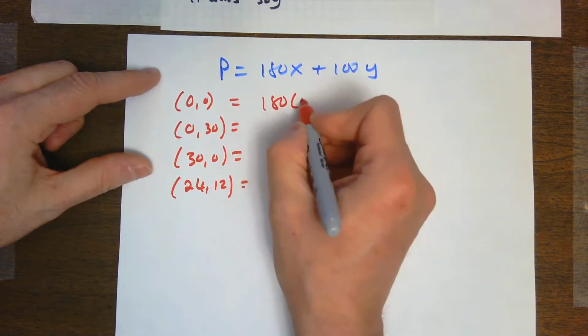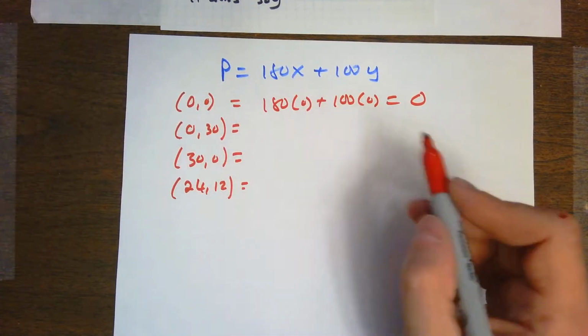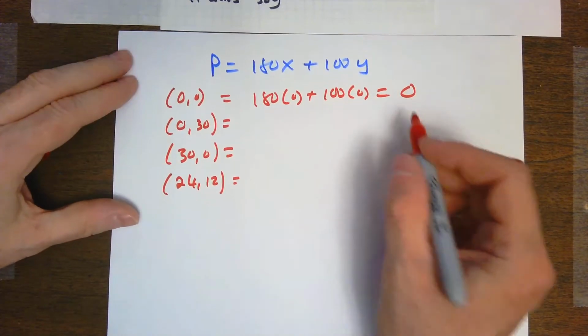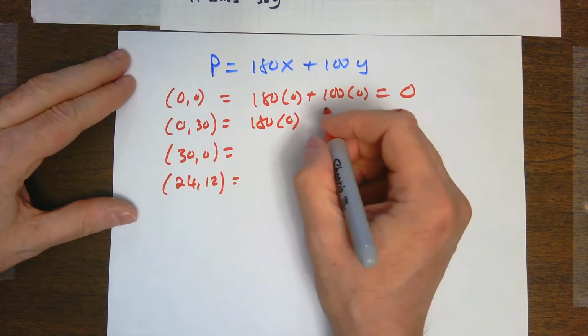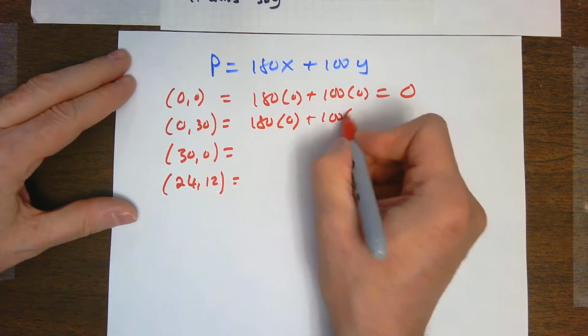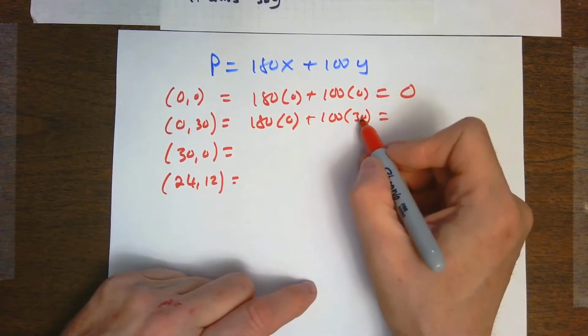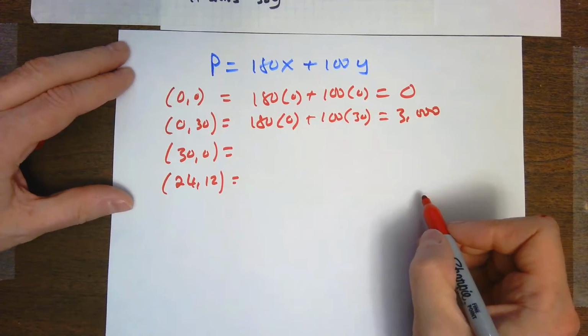So 180 times nothing plus 100 times nothing is nothing. If he doesn't plant any acres of soy and no acres of wheat, he's not going to make any money. What about if he doesn't plant any acres of soy and he plants all wheat? Well, 30 times 100 is $3,000. He'll make $3,000 profit.